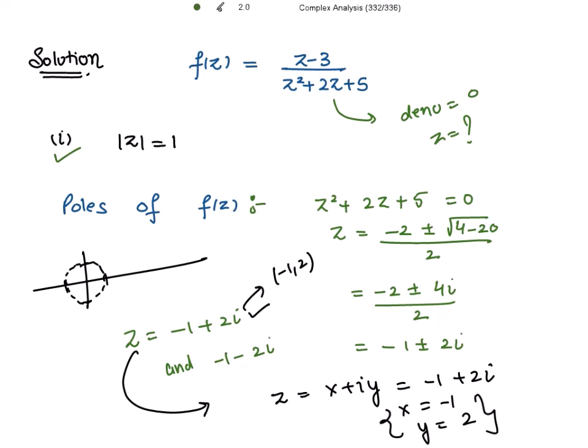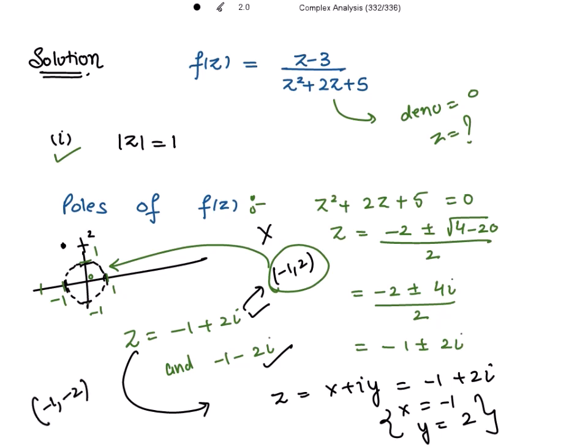Now if this is the point 1, this is negative 1, this is 1 and this is negative 1, this is the origin. Does this point lie inside the circle? X is negative 1 and y is 2, that means the point lies here, that is outside the circle, right? Similarly the other one, the real part is minus 1 and the imaginary part is minus 2.